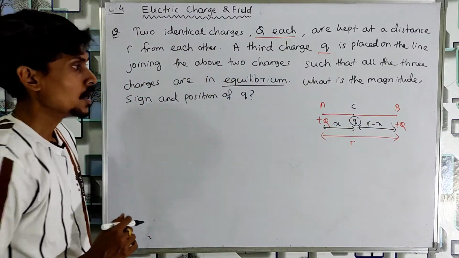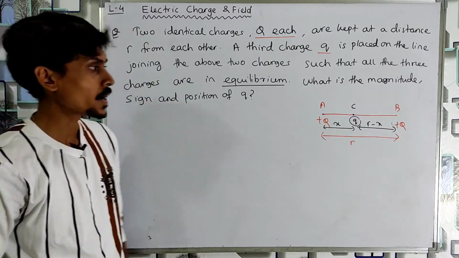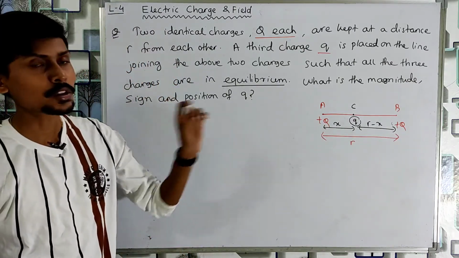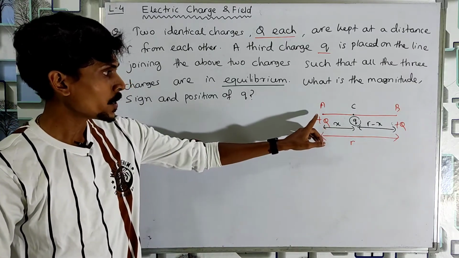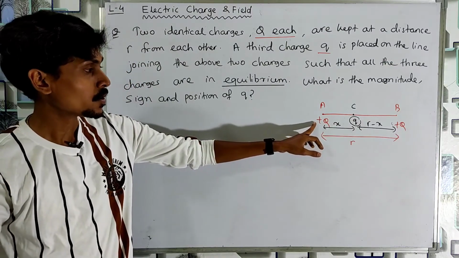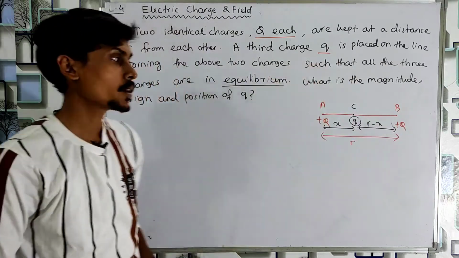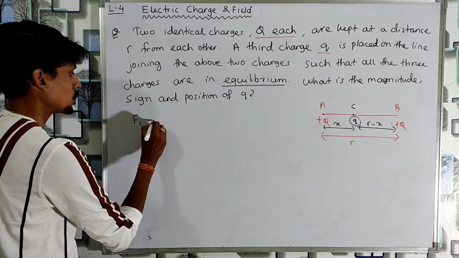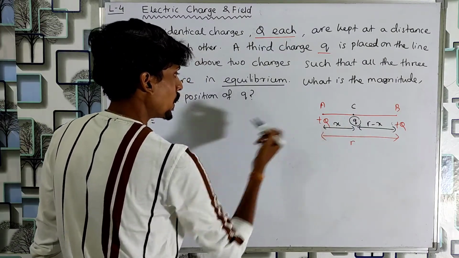So on small q, the plus q and the plus q will exert forces. Is that clear? There are two electrostatic forces acting on small q, but in the question it is given that small q is in equilibrium. So the force exerted on small q due to this charge should cancel the force exerted on small q due to this charge. Okay, so F1 is the force exerted on small q due to the left charge.